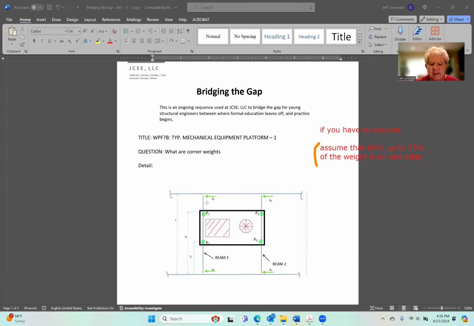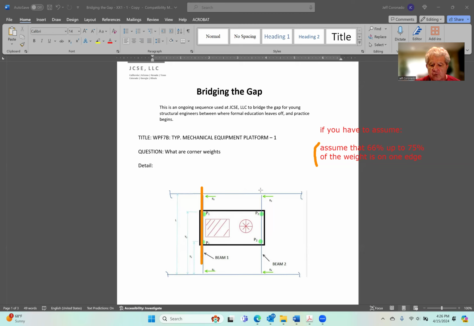What we're saying is 75% of the weight is going to be on one edge and 25% of the weight of the mechanical equipment is going to be on the other edge. Right? Notice how it's not a 50-50 proposition. That much we almost can guarantee.